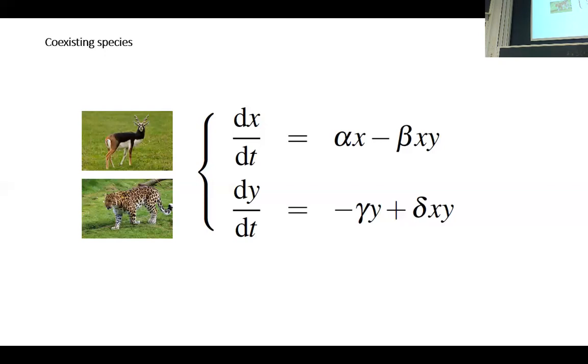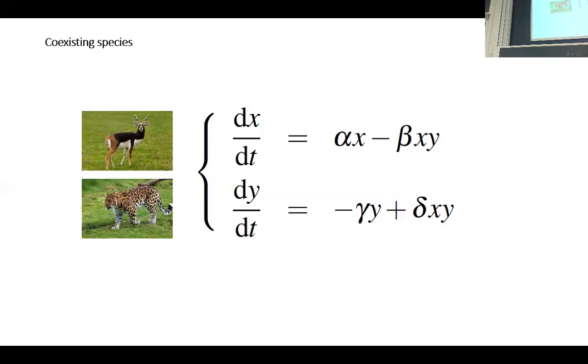What is the reason for the decrease? It's not competition, because we don't have any competition for prey. We assume that there are enough resources. So this term is proportional to hunting events, a leopard hunting an antelope, which at the very simplest level we assume is proportional to both the number of antelopes and leopards.